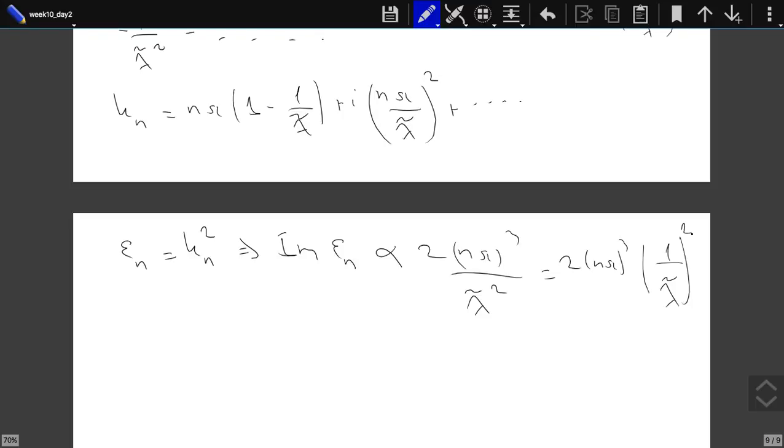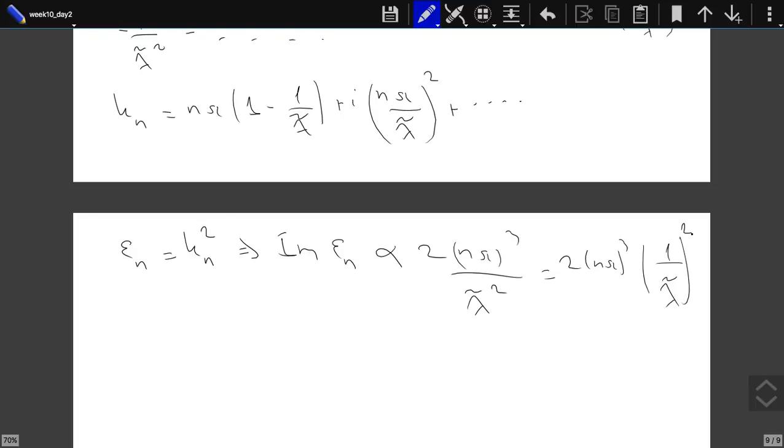And naively you would expect the tunneling amplitude to be proportional to 1 over λ, and so the tunneling probability will be 1 over λ̃ squared. So this is our tunneling probability. The lifetime should be proportional to the inverse tunneling probability, so the lifetime will be proportional to λ̃ squared itself.